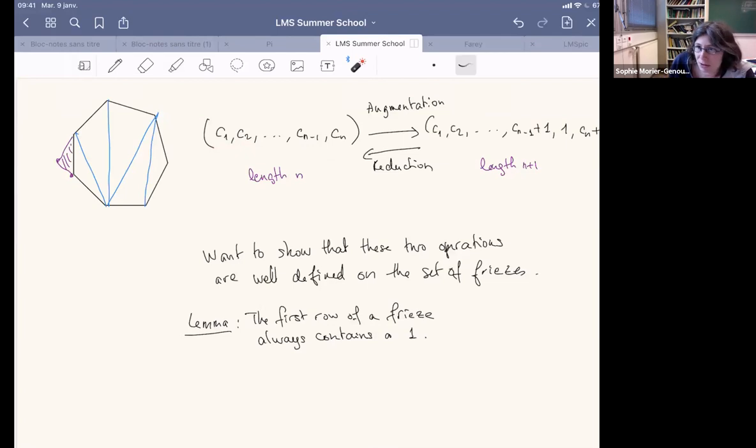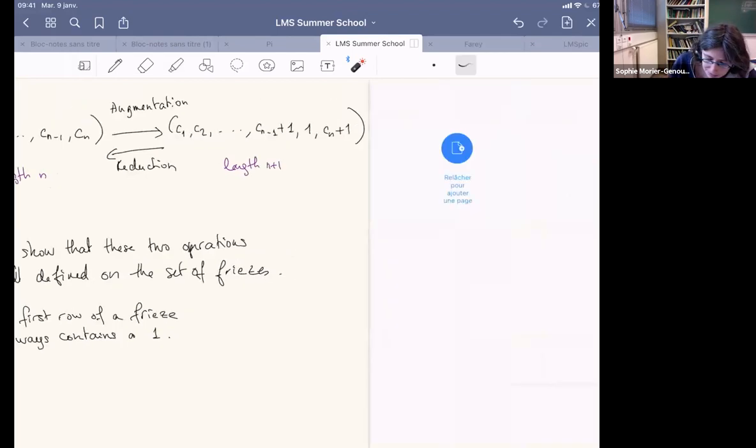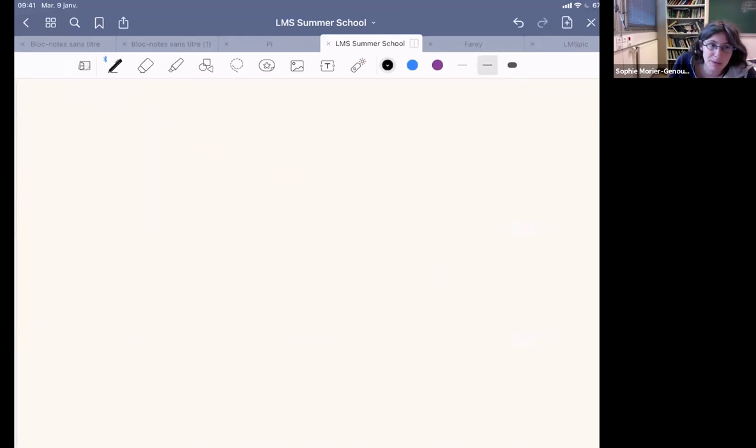And this tool is just an equation. The equation will be given by a matrix equation. So let's call this the equation of a frieze. It's a matrix equation, and I'm going to give it in a moment.